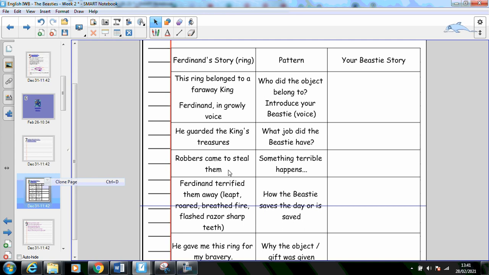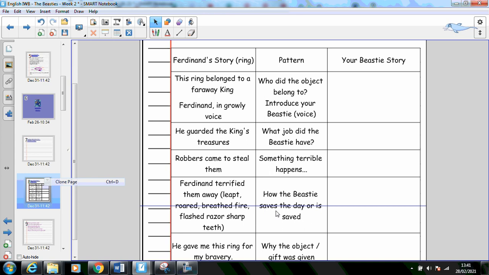Then robbers came to steal the treasures. That's when something terrible happens in the beastie's story. Ferdinand terrified them away. He leapt, he roared, he breathed fire, and he flashed his razor-sharp teeth. So we get a real sense about Ferdinand's character.